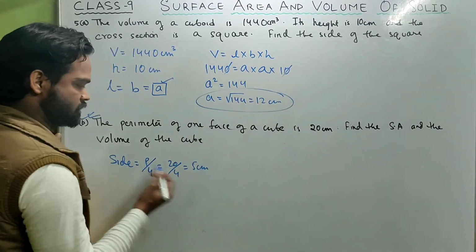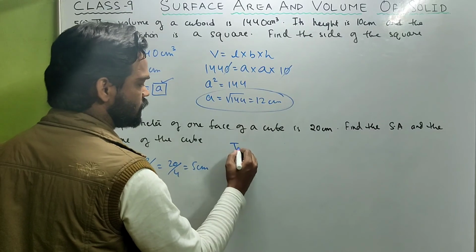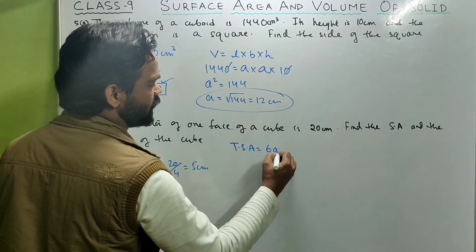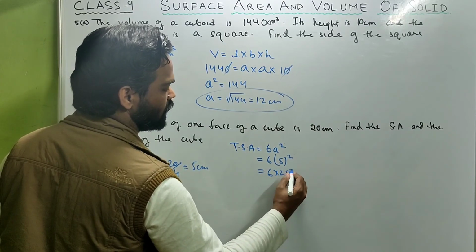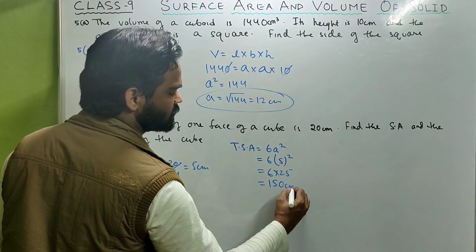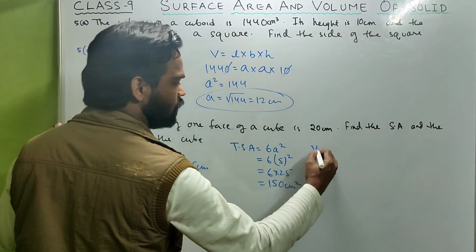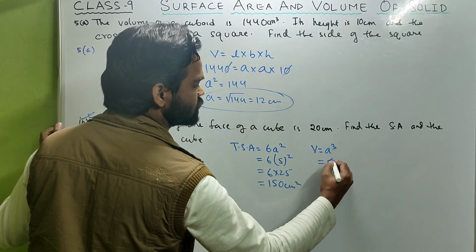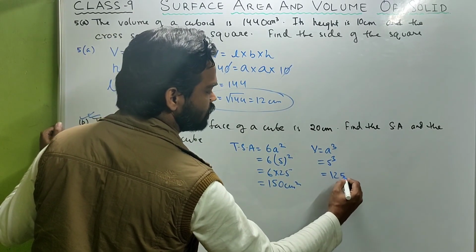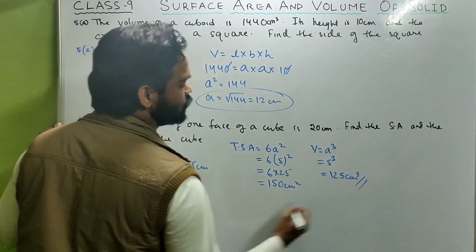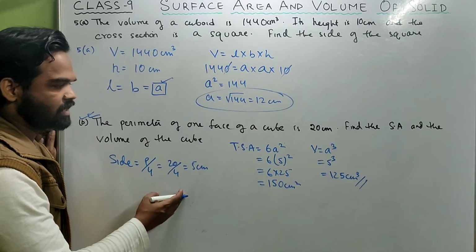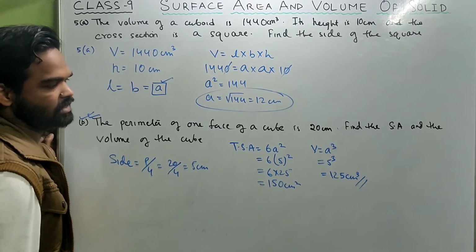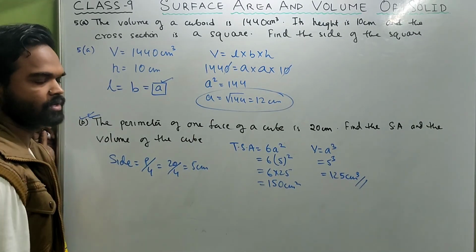Once you get the side as 5 centimeter, we know the TSA is 6A square, which is 6 into 5 square, which is 6 into 25. That's 150 centimeter square. And the volume is A cube. That's 5 cube. That's 125 centimeter cube. Done. Pretty easy. From the perimeter, we got the side.